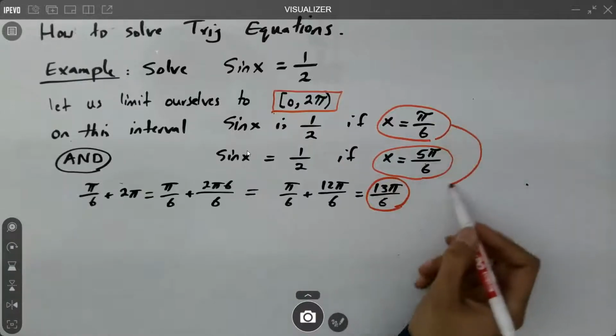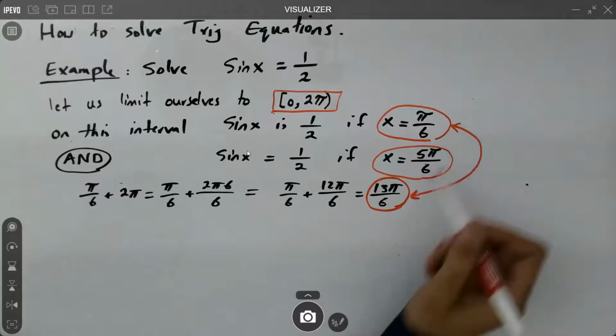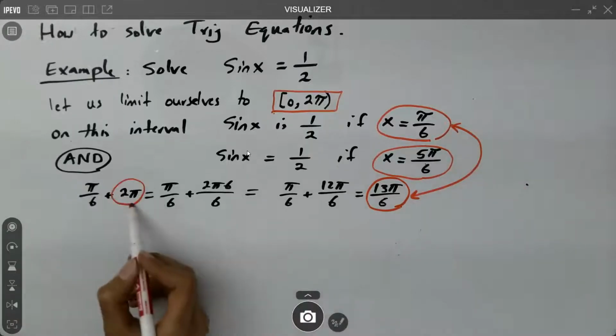And we saw that the connection between pi over 6 and 13 pi over 6 is one period.